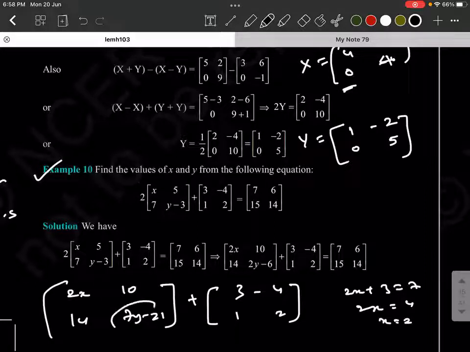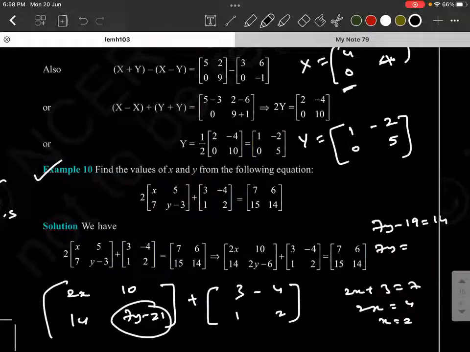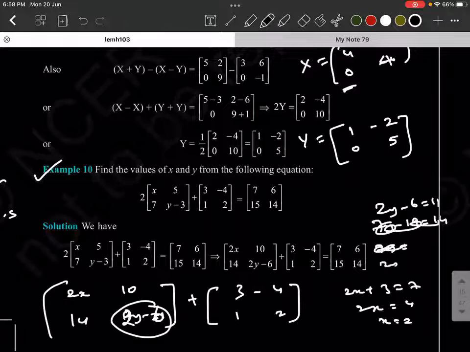Correct? 7y minus 19 is equal to 14. So 7y is equal to 19 plus 14. I multiplied with 7. So 2y minus 6 is 14. So 2y will be equal to 20. Plus 2. 2y minus 4 is 14. Correct?